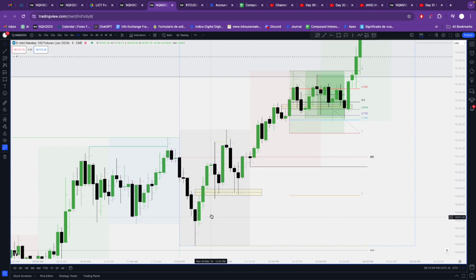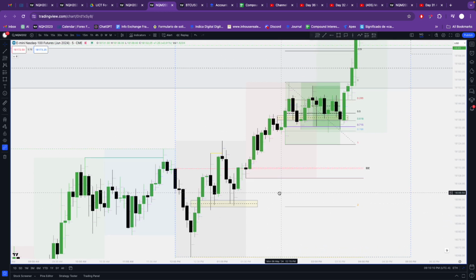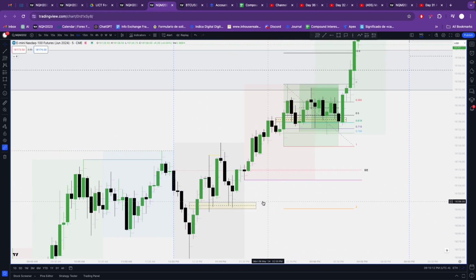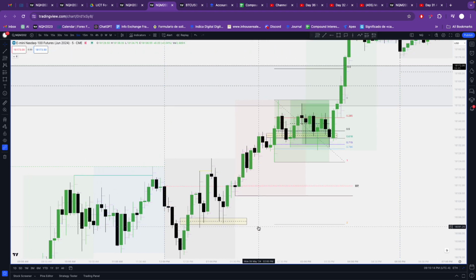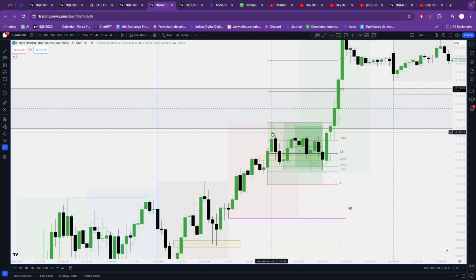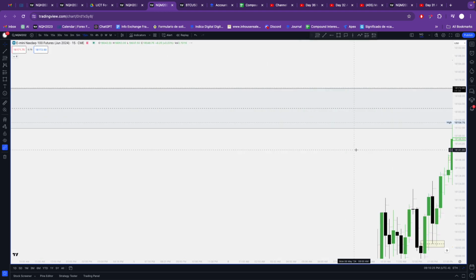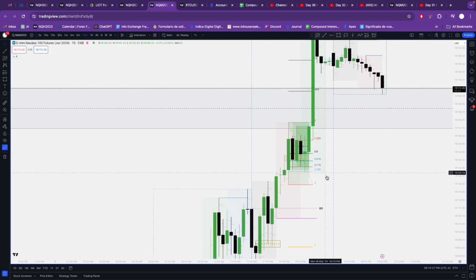Here's the fair value gap in discount. And then we run up, run up, run up, run up, come down. I wouldn't consider this a stage or anything, but here we accumulate. So we can see this as stage two, maybe on a higher time frame, but nonetheless, this is just accumulation.